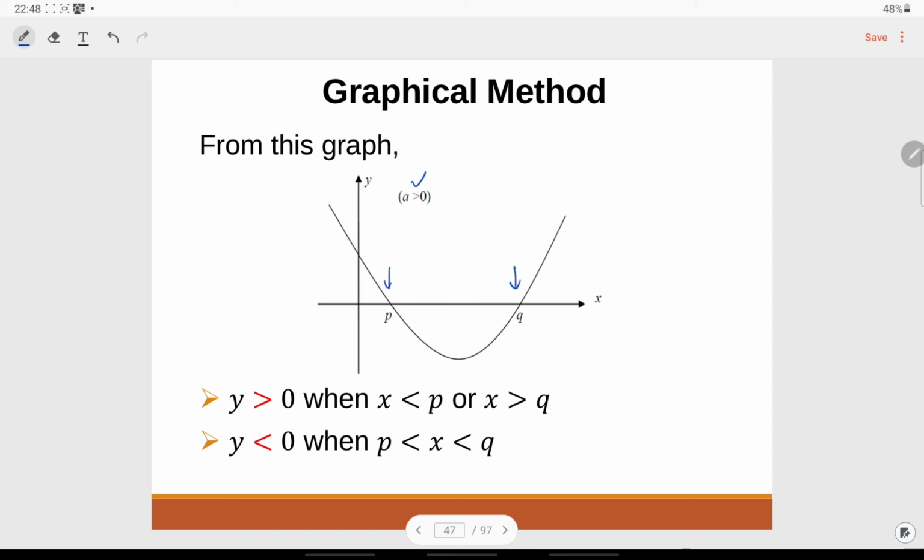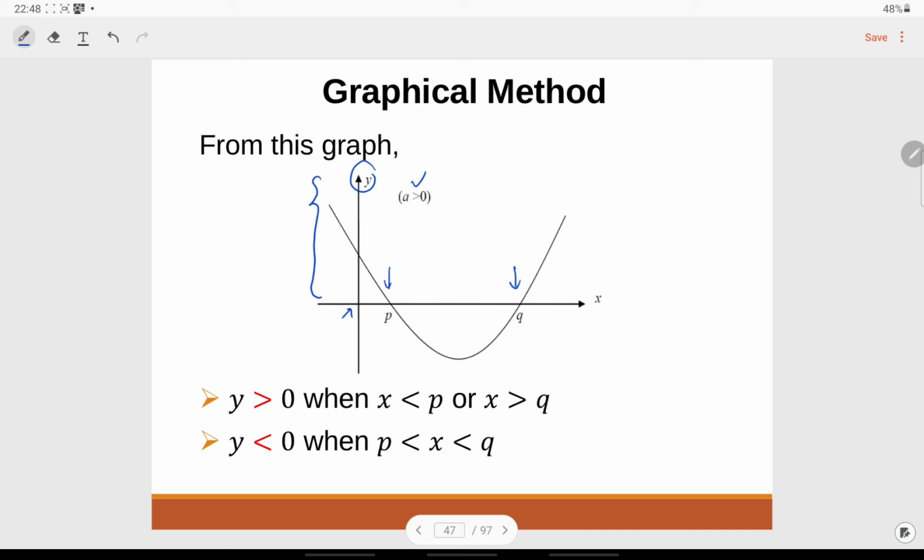Okay, for when y is greater than 0, where is the area? Referring to the graph, where is y? y is here. So y greater than 0 means we need to consider this area above the x-axis.